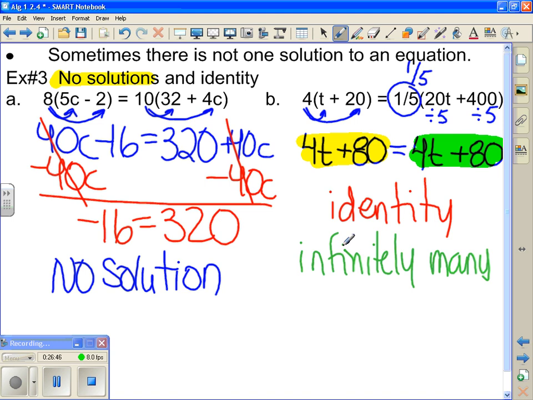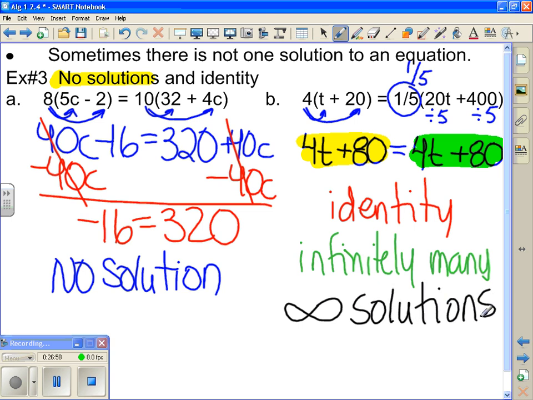And if that's not enough options, you could write down a third option, which is the infinity symbol, the 8 on its side, solutions. All 3 of these choices are acceptable when the problem is exactly the same on both sides. You don't have to write all 3, just one of them.